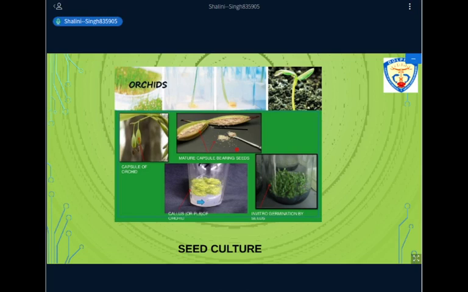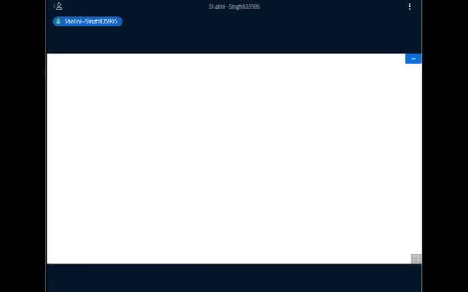The orchid seed will not be able to germinate and your plants will not develop. That's why orchid seeds are germinated by tissue culture, by doing seed culture, when you are growing orchids at commercial level. So that is the significance of seed culture.